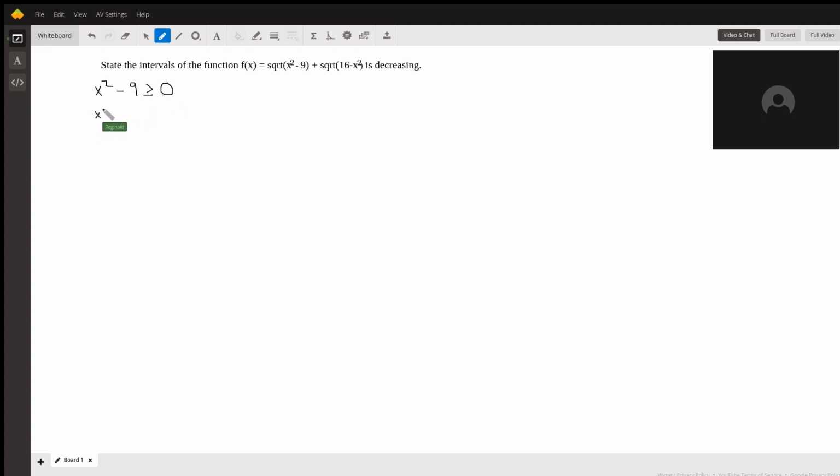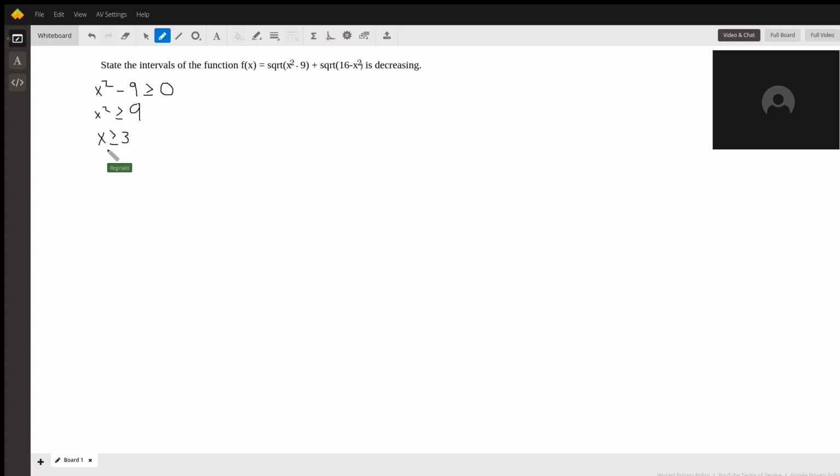So we get x squared, we add 9 to both sides, is greater than or equal to 9. Now if I square root, square root of 9, that's 3, x is greater than or equal to 3.